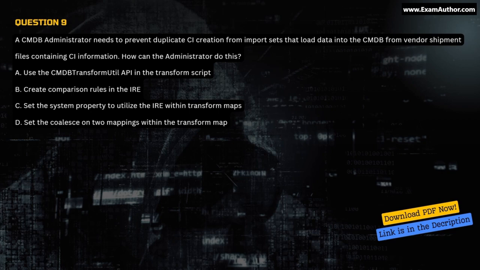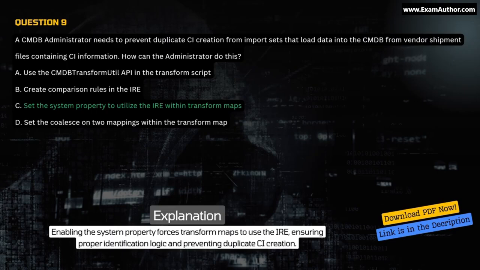C. Set the system property to utilize the IRE within transform maps. D. Set the coalesce on two mappings within the transform map. Correct answer C. Set the system property to utilize the IRE within transform maps. Explanation. Enabling the system property forces transform maps to use the IRE, ensuring proper identification logic and preventing duplicate CI creation.